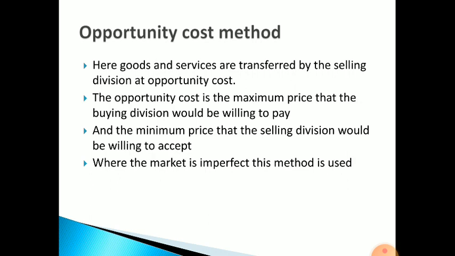In case of the buying division, maximum willing to pay. In case of the selling division, minimum willing to accept. Those are the two situations in the opportunity cost. Maximum willing to pay, buying decision. Minimum willing to accept, selling decision. That is the transfer price in the opportunity cost method.